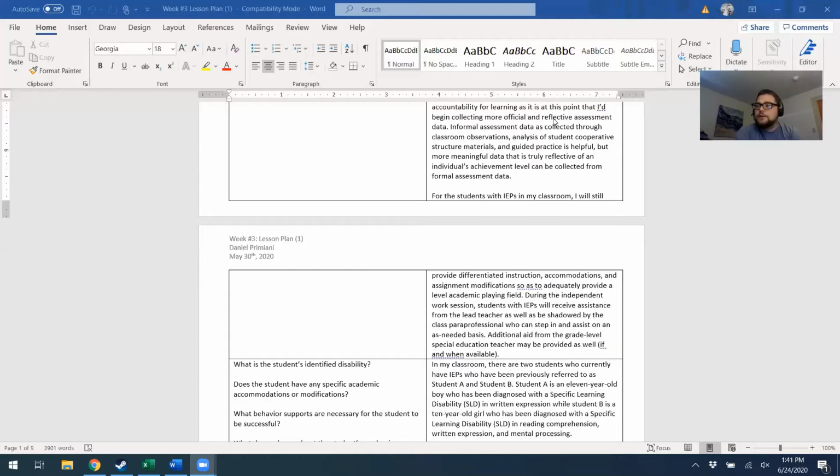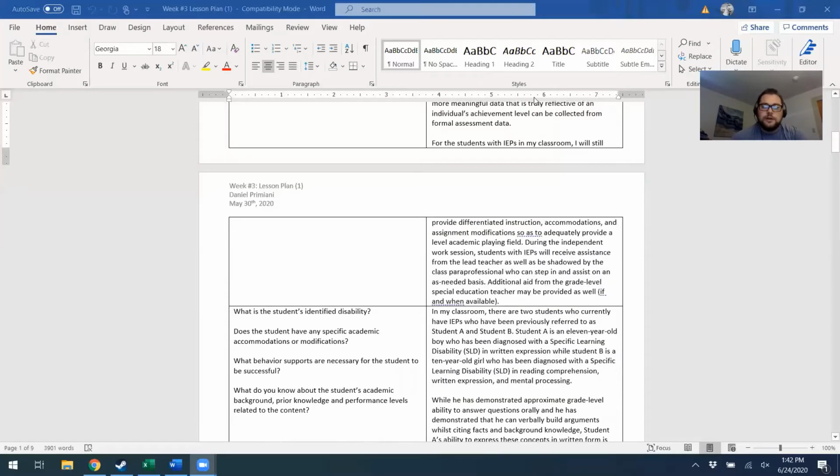And then having the ability to transition a lot of that responsibility for leading the class to the students would free up myself and my classroom para to walk around and really shadow and help those students with IEPs, should they need the assistance. In this particular activity, there's definitely room where there's going to be a lot of ability for students to help each other throughout the lesson.